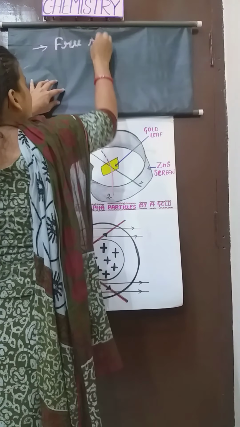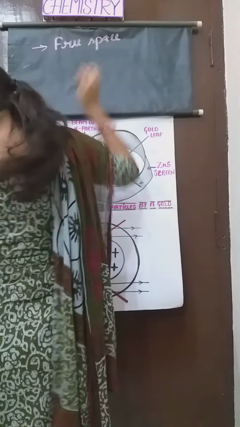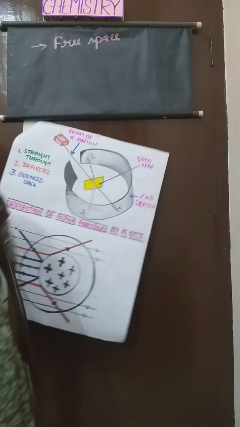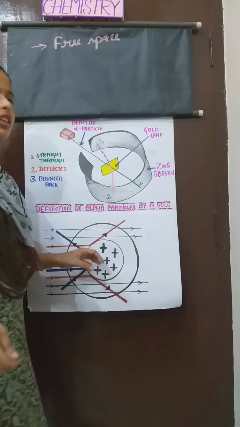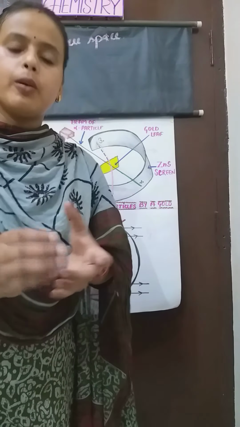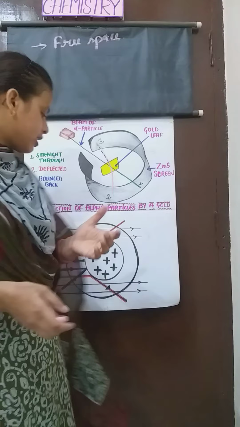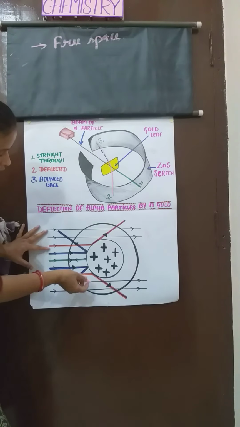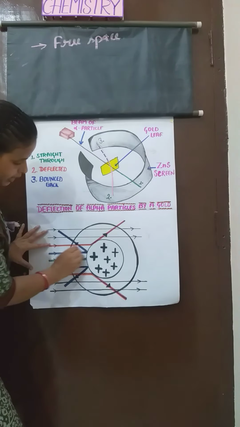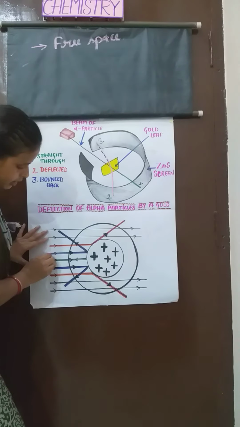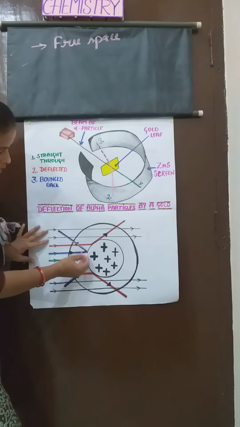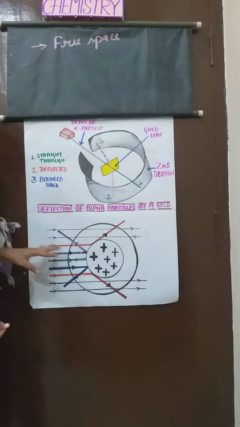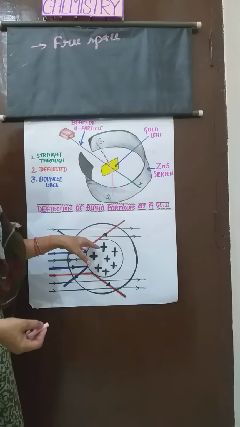Now, in the second observation, many of the alpha particles were deflected by a small angle or a large angle. You can see some particles deflected by a large angle and some by a small angle.